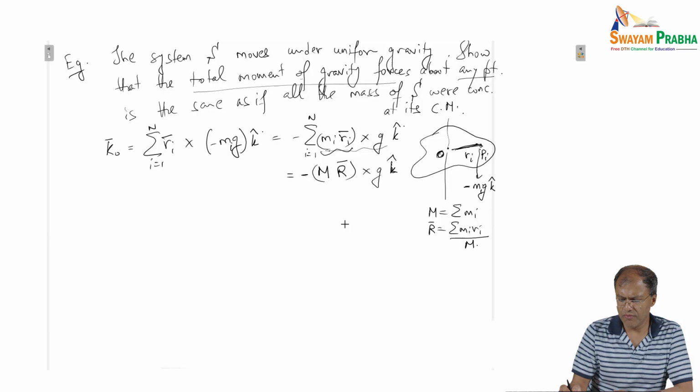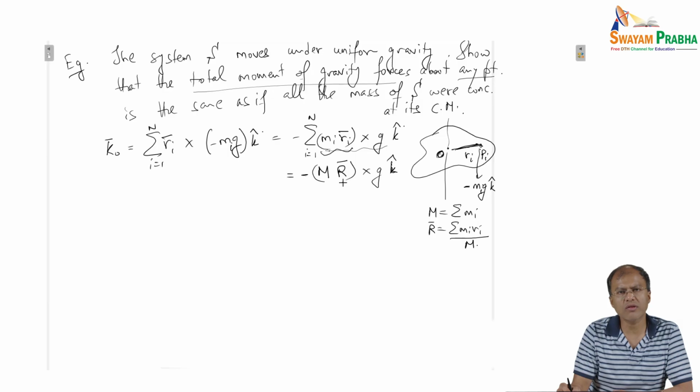Okay. Now we can certainly choose our axis or our origin such that it lies on the center of mass. So we choose our origin such that R is 0.